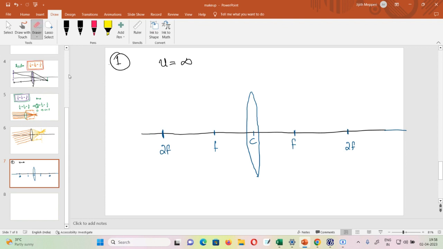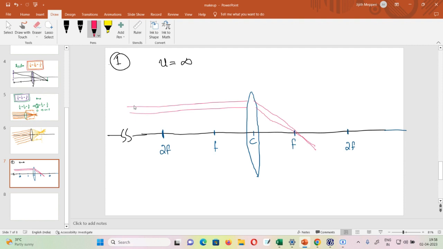So what happens in the case of infinity? Rays will come as parallel, and after refraction everything will pass through the focus.